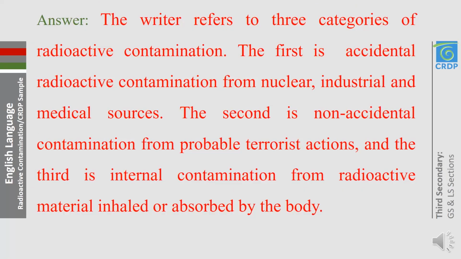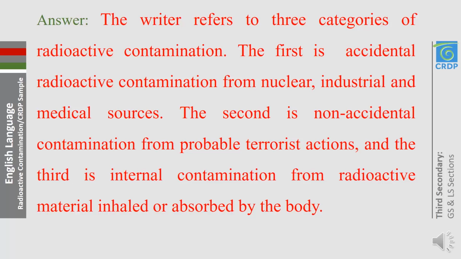We read the answer together. The writer refers to 3 categories of radioactive contamination. The first is accidental radioactive contamination from nuclear, industrial, and medical sources. The second is non-accidental contamination from probable terrorist actions, and the third is internal contamination from radioactive material inhaled or absorbed by the body.